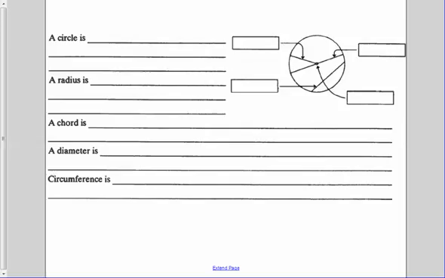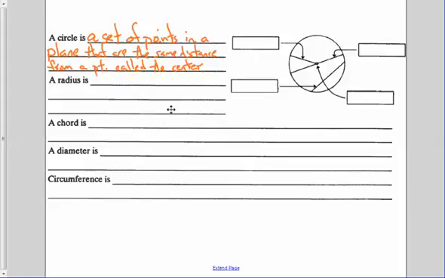So let's check out what some of these vocab terms mean. A circle, in general, is just a set of points in a plane that are the same distance from a point called the center. In our example here, our center point is this point right here in the center.